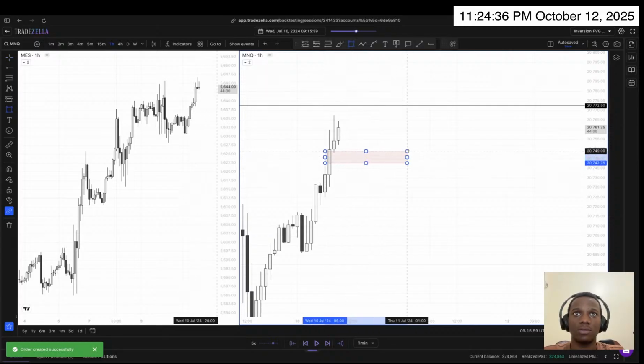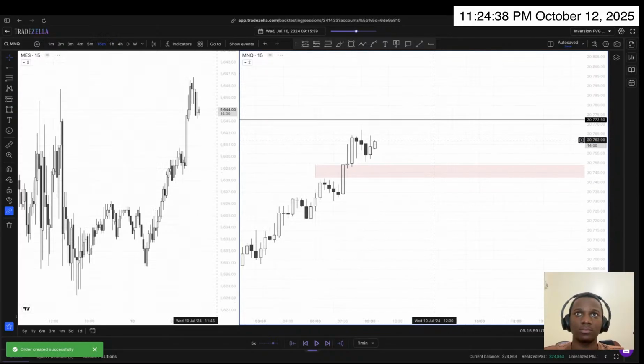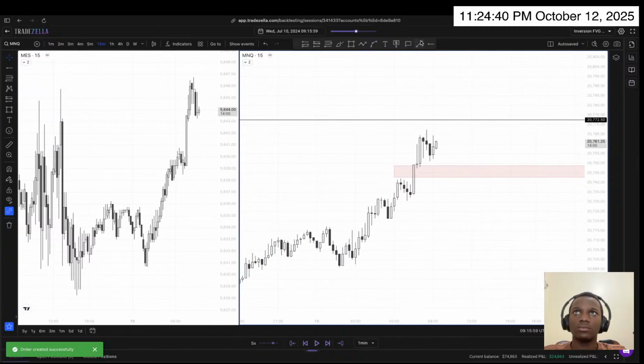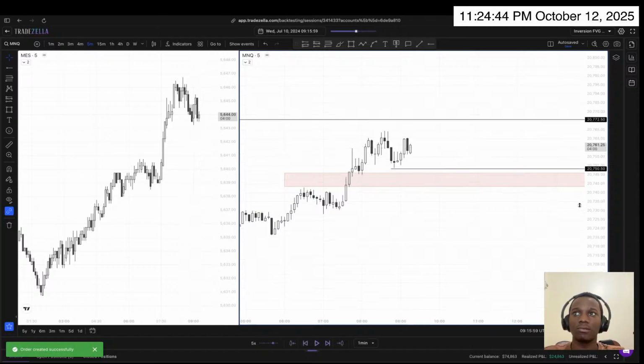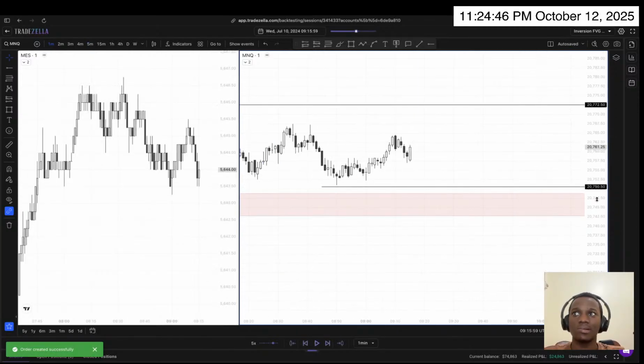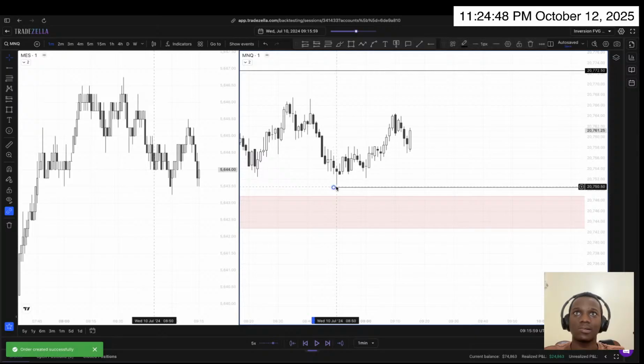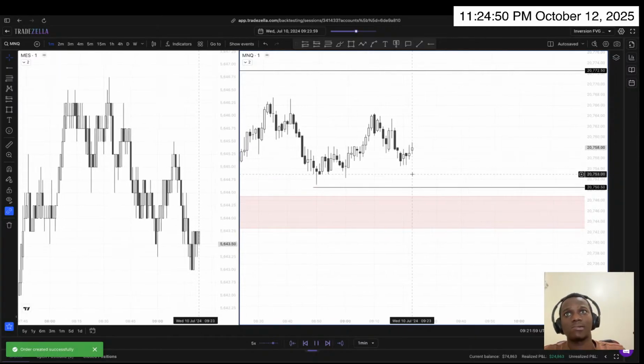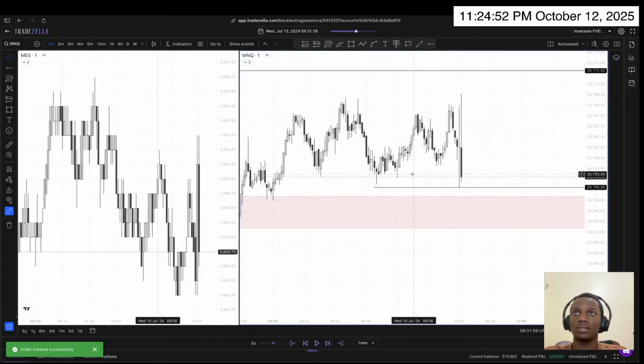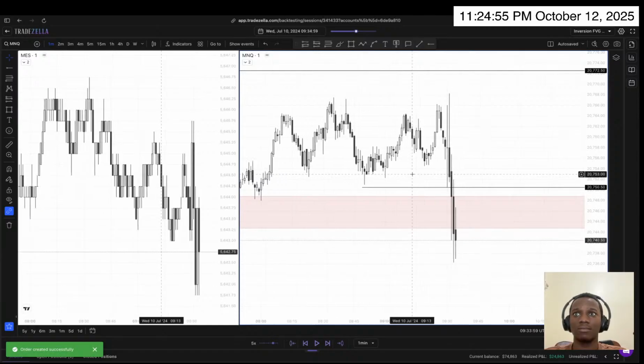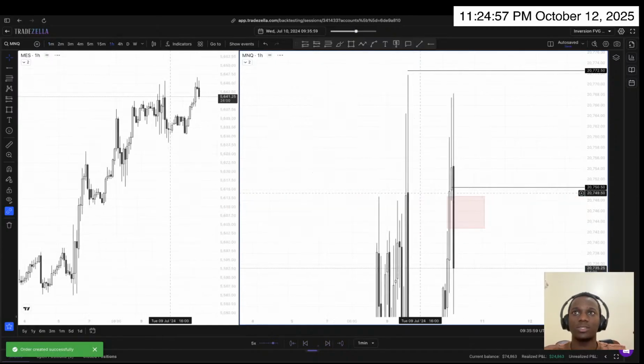Like you see, this 1 hour gap holds though. Sell side. Alright, level run. Check the 1 hour.